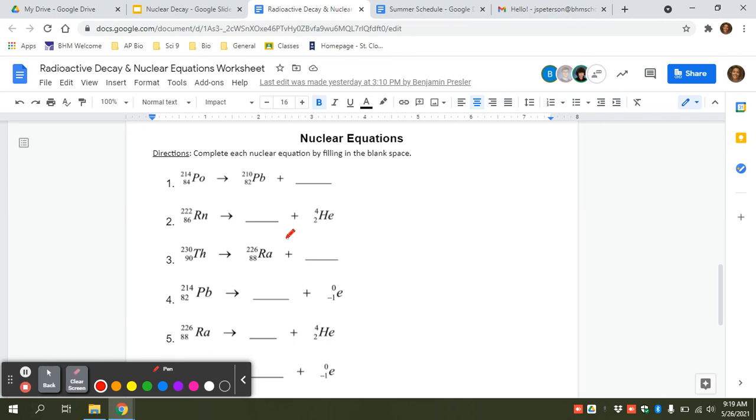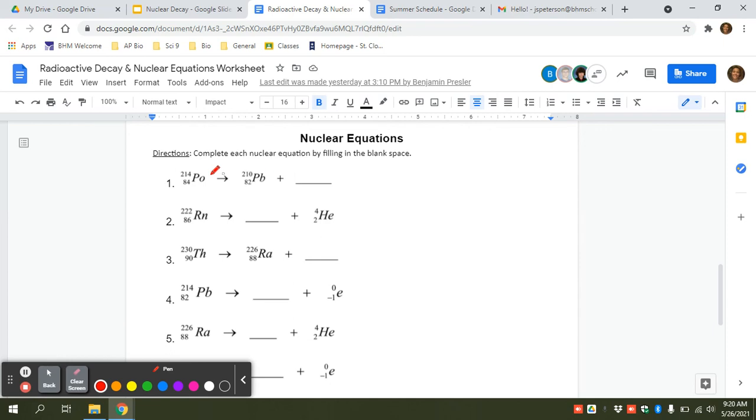The last thing I'm going to do here is talk about an example here on nuclear equations that we see in our assignment. So here's polonium-214 with an atomic number of 84. It's going to go through a nuclear decay process and turn into lead-210. And during that, we need to figure out what happened to it. What type of decay was it?